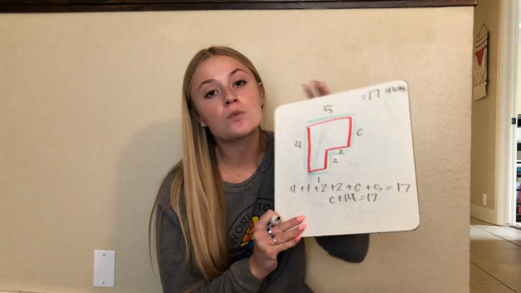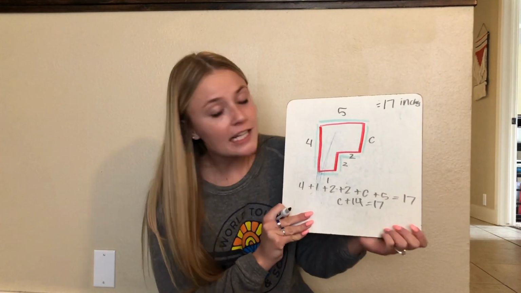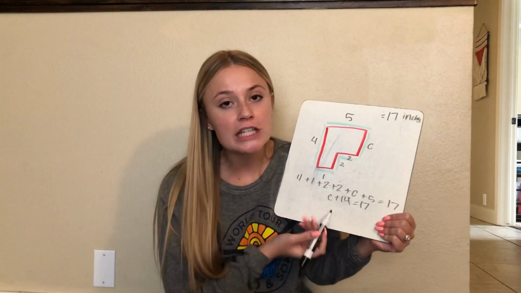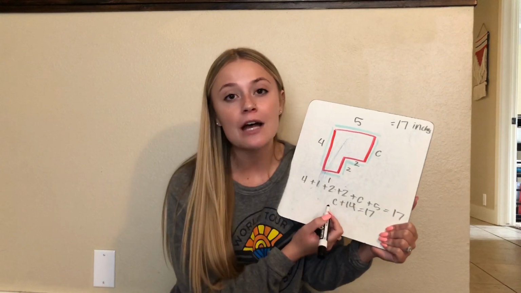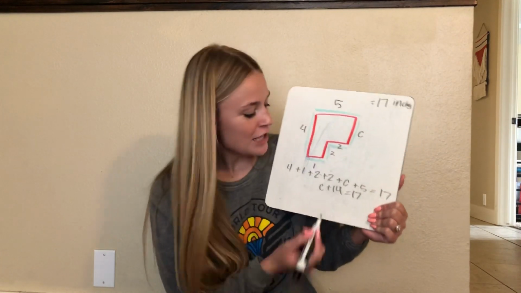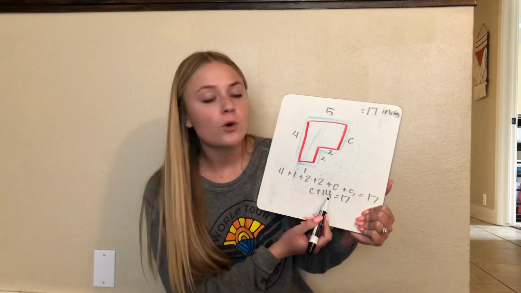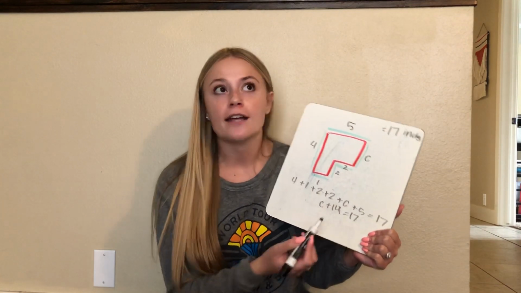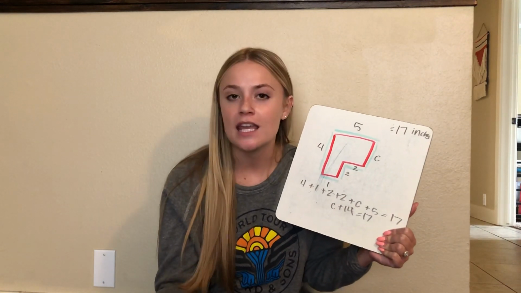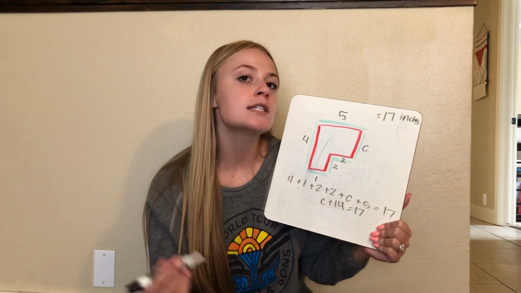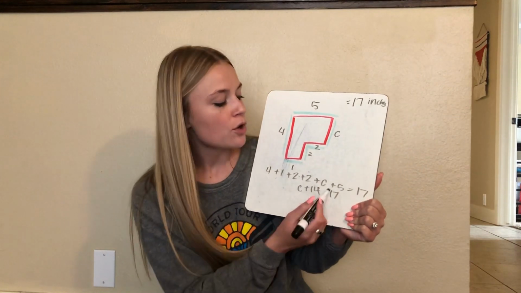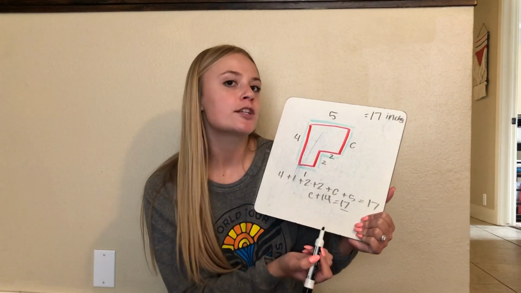So then I'm going to use what I know about fact families, and I'm going to turn this into a subtraction problem so that C is by itself and I know what it is. So instead of saying C plus 14 equals 17, I could say 14 plus C equals 17, but I want a subtraction problem. And so if I'm doing subtraction, I start with my total.